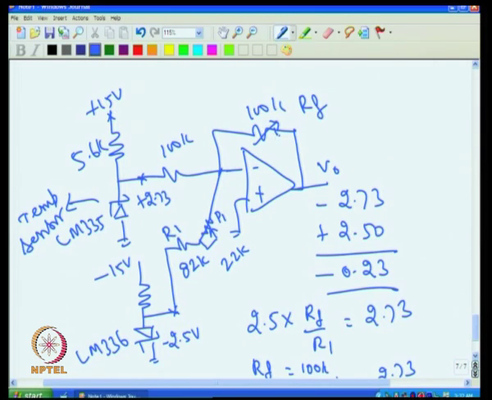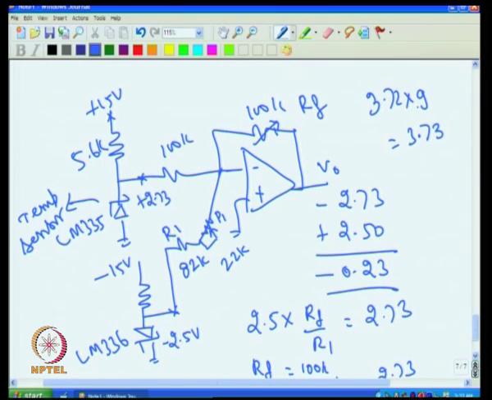If it goes a little more than 100k, then the gain will be a little more than 1, then 3.72 will be amplified by a little more than 1. What I need is 3.72 into the gain, and that should give me 3.73. So, the gain will obviously be a little more than 1.